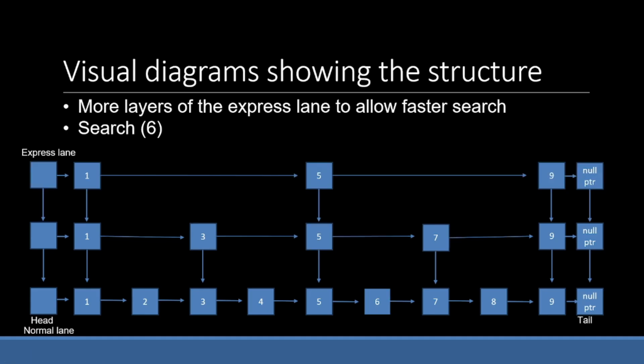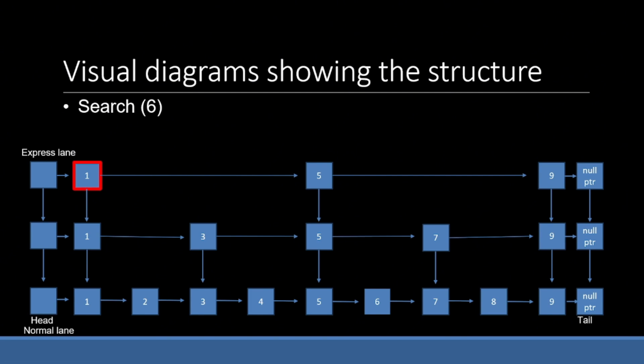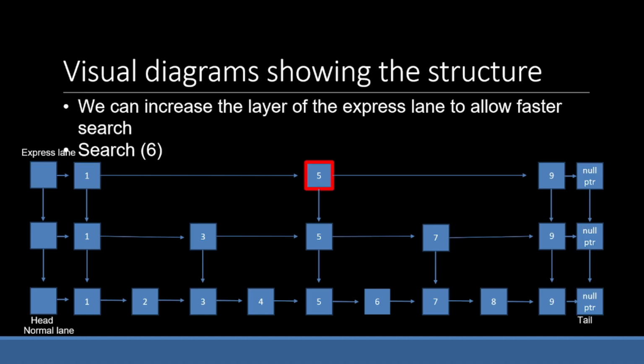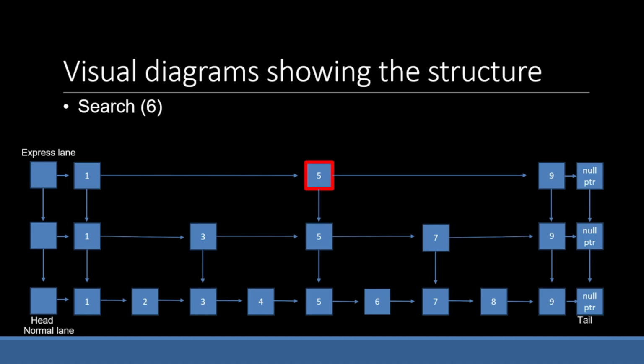If we have more layers, for example, since the previous one only had one express lane and one normal lane, this time we have two express lanes. More layers of express lanes allow faster search time. We start from the 1. We compare to see if 5 is less than, greater than, or equal to 6. Since 5 is less than 6, we go to the next node. Next, we do the same thing and compare with 9.